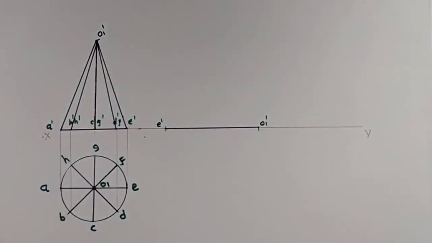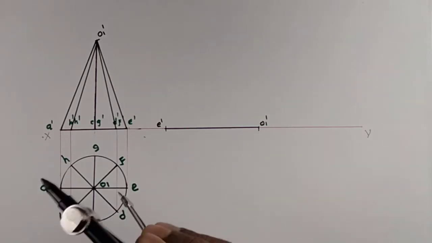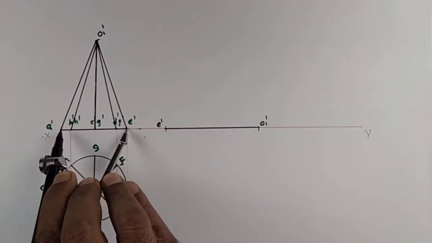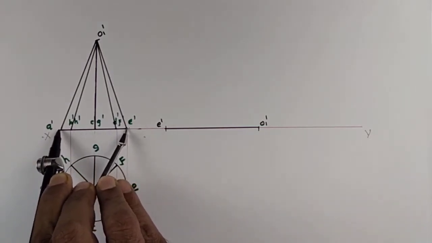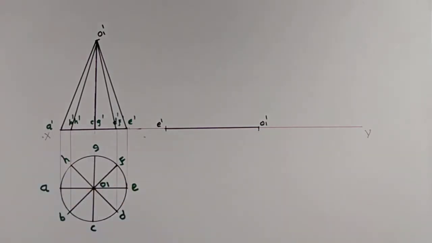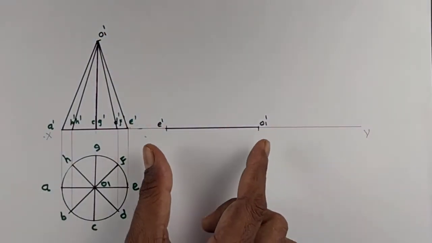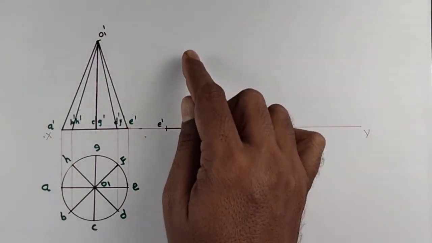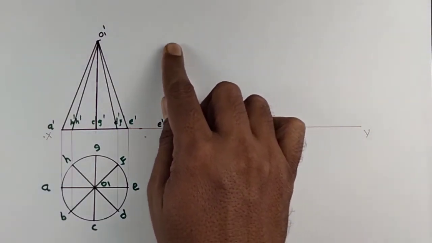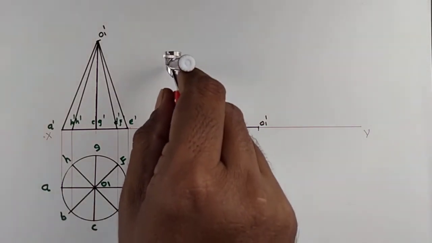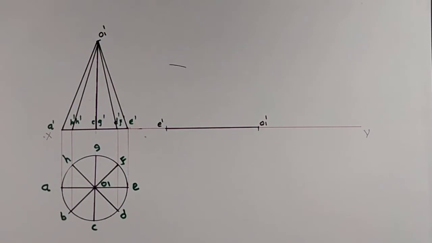Now we rearrange our elevation with reference to E dash O1 dash. First, we find the A dash position. I measure E dash A dash, and this generator E dash O1 dash is on HP. So where is point A dash? With E dash as center, we draw the first arc.